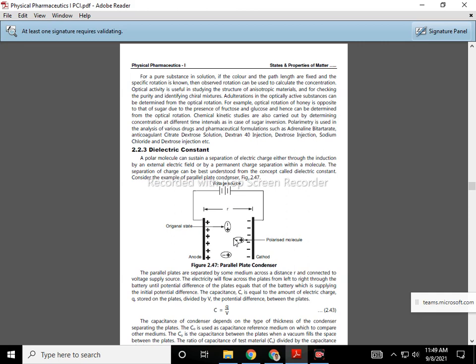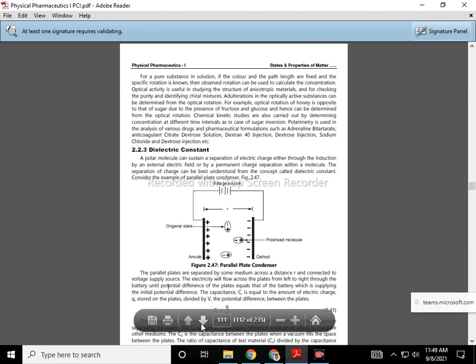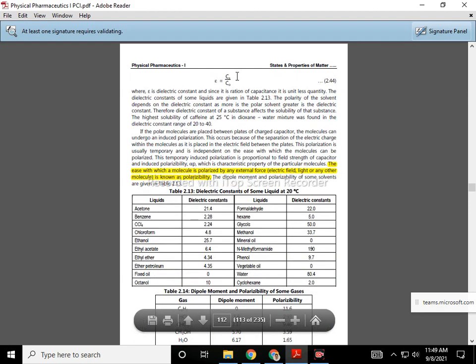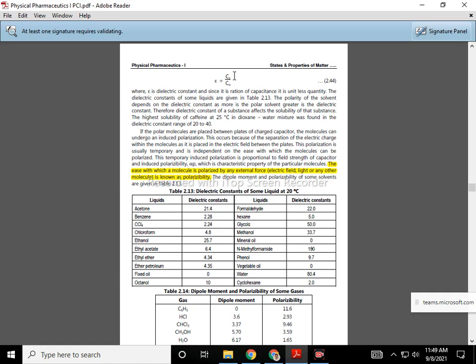Now what can be done further? Let us move on to the next formula. So we got that Cx. Cx means it is the capacitance of our sample that we have placed. Here in this case it is water.